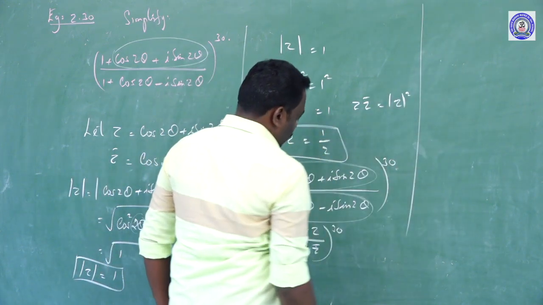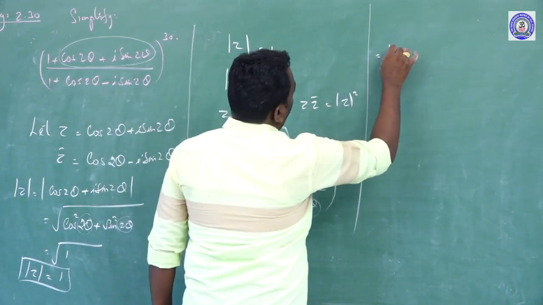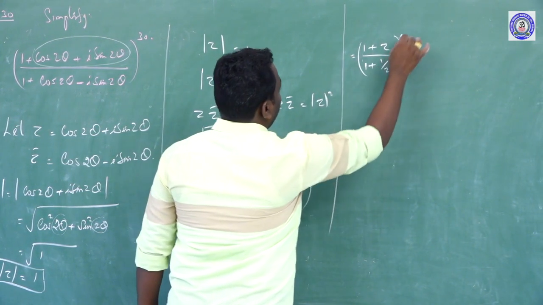Now z bar is equal to 1 by z. So this term equals (1 + z)/(1 + 1/z), whole power 30.